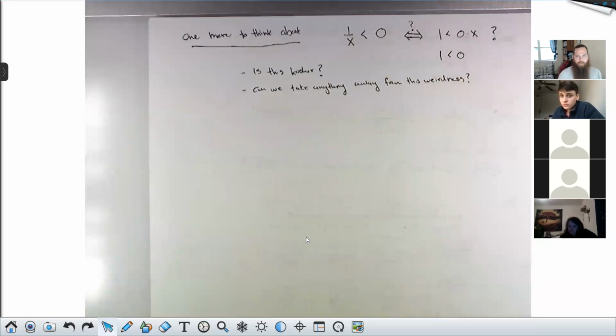So if this is a kosher move, if multiplying both sides by x to turn 1 over x is less than 0 into the inequality 1 is less than 0, this inequality has no solution, right? 1 is less than 0 is just a patently false statement. 1 is not smaller than 0. There are no x's in the universe that will make this a true statement.